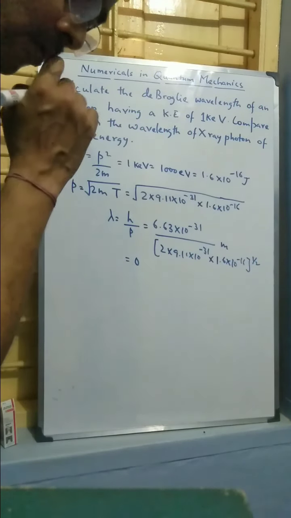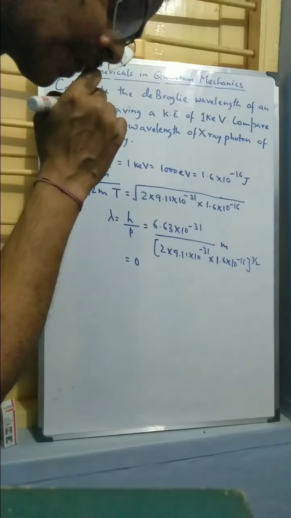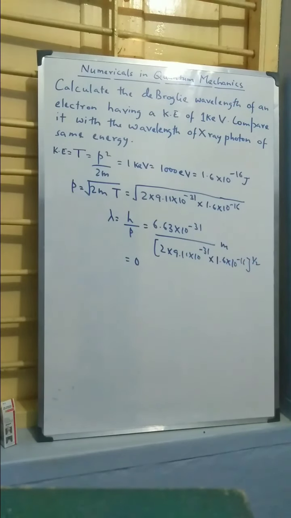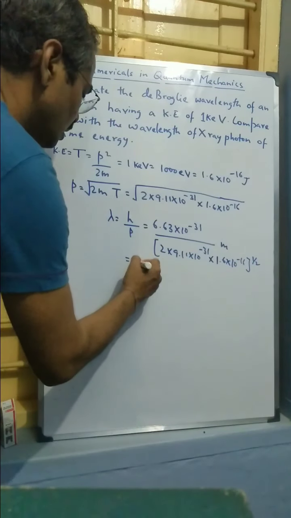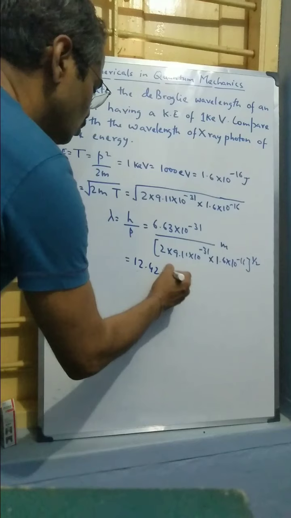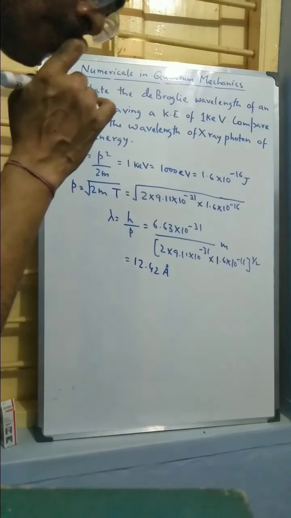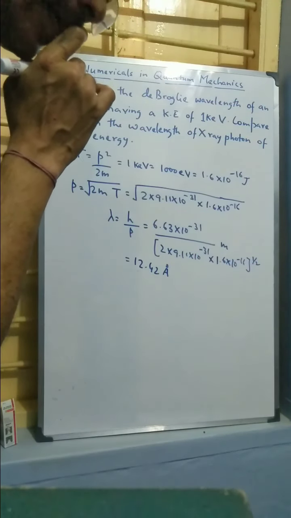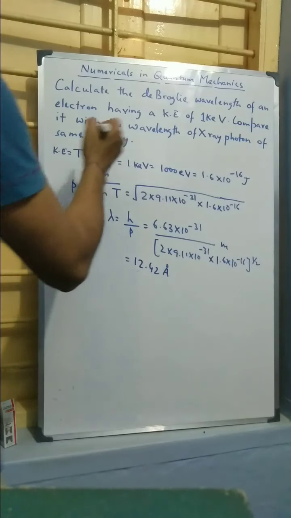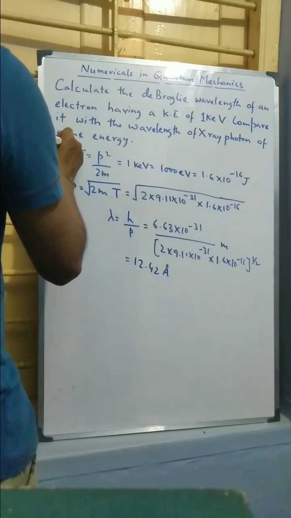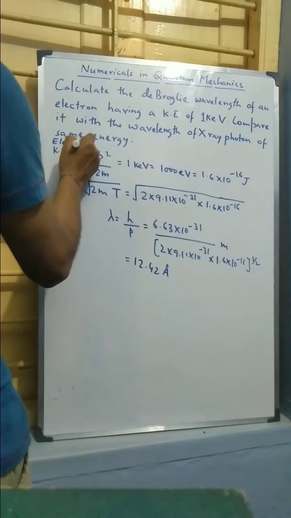If one calculates, then he or she is going to find it as 12.42 angstrom. So this was the electron case.